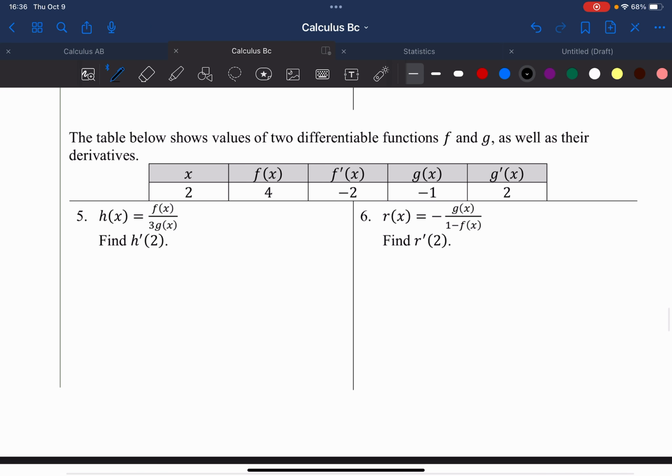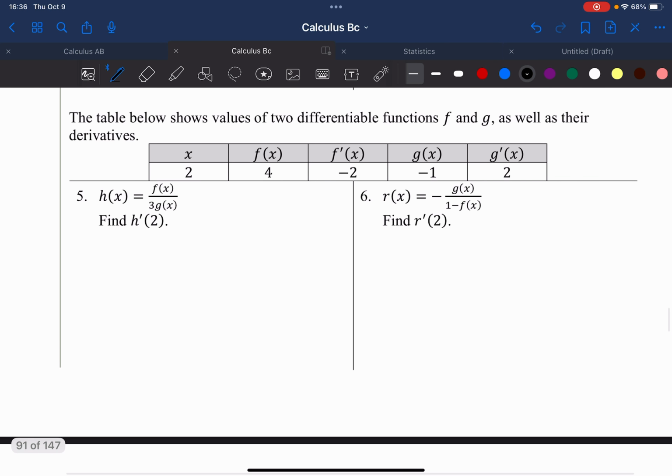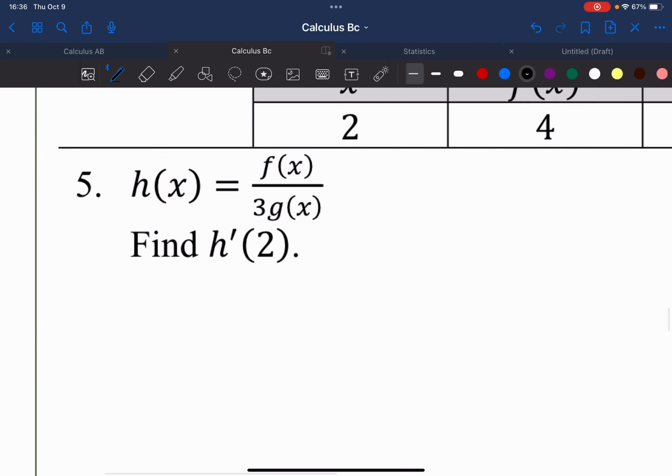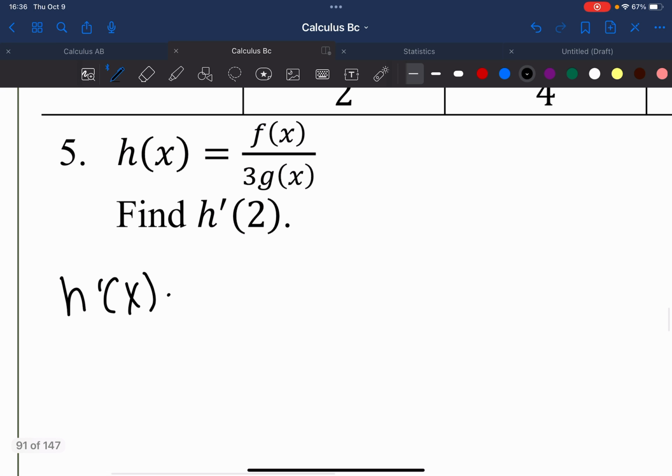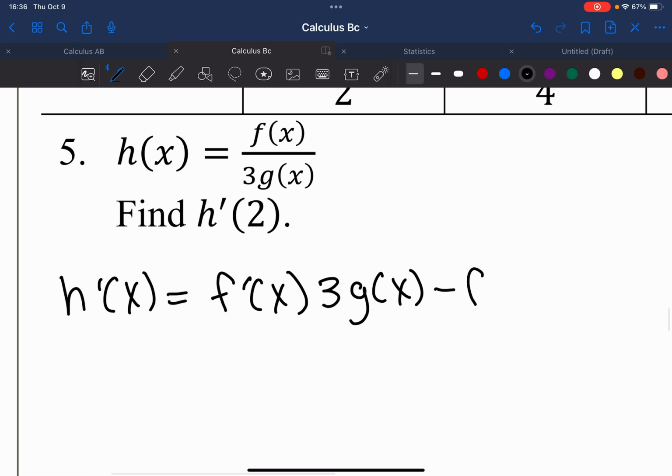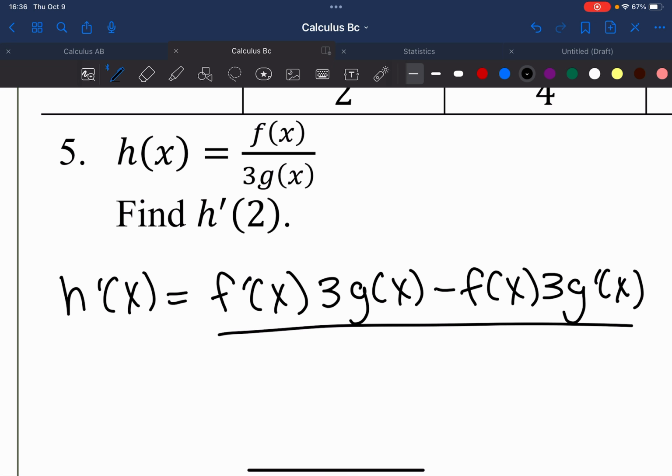Now for these ones, we are going to use a table to simplify and solve. So h prime of x is going to be equal to f prime of x, 3g of x, minus f of x, 3g prime of x, all divided by 3g of x squared.